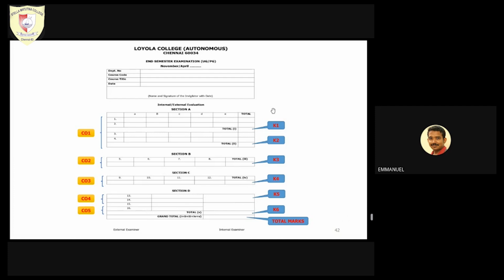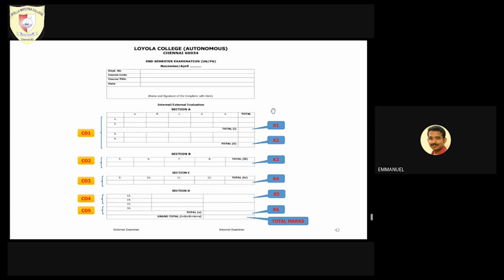We have given a model. This model of score sheet is for a purpose. If everything is done under this model, entering everything in that particular software based mark entry system, then once we run through everything, a particular student's marks will be categorized under different K levels and different CO levels.